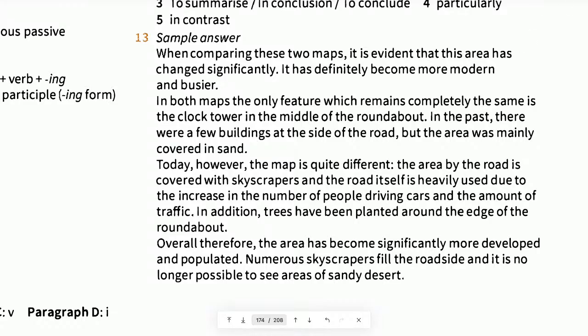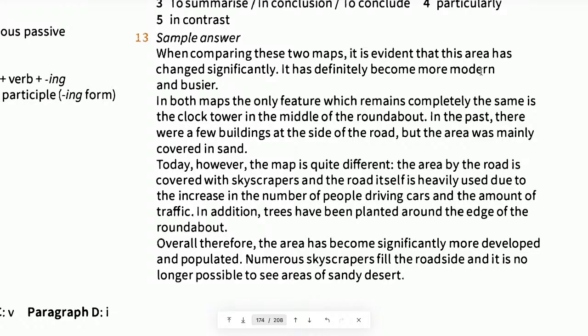So here they say that this area has changed significantly. That means that when we want to see some changes from the past to the present, we use that tense. Remember that. If you want to just describe something that happened in the past, you use the simple past tense. Something which happens only now in the present, you just use the simple present tense.